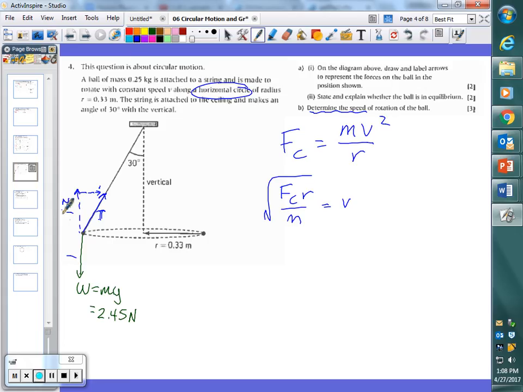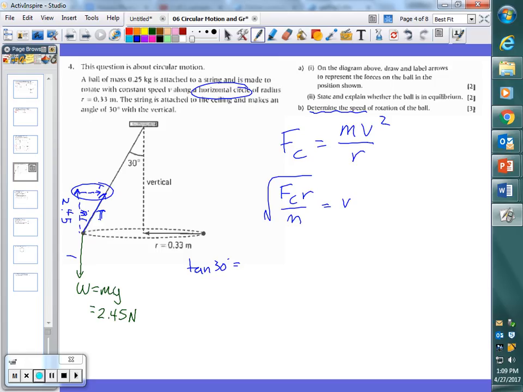All right, so we know this, and that means this has to be 2.45. But that's not the force we want. Is 2.45 the centripetal force? No. This one is the centripetal force. We know that this is 30, and that means this is 30 as well. So now we're going to do some trig. Because this one points inward, that component is centripetal.